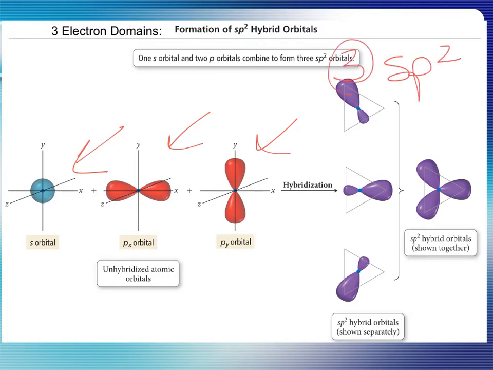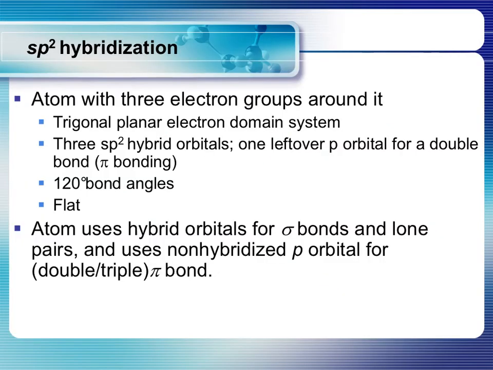Conservation of orbitals. And they're all going to be identical to one another, just oriented differently in space. So what type of molecule will need and use sp2 hybridization?